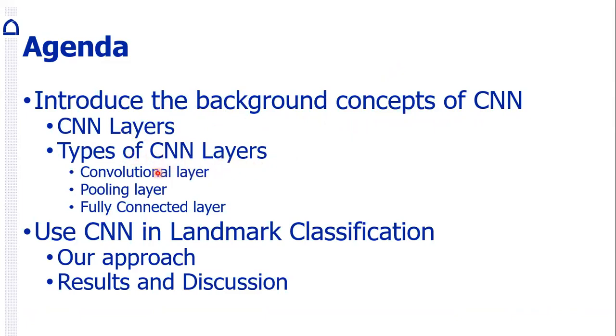We will see convolution layers, pooling layers, fully connected layers. We'll explain all of them. Also, I'm going to move to the second part, which is using the CNN in landmark classification, which is my main research. I'm going to present the research, the methodology, and I'm going to present the results and discussion.